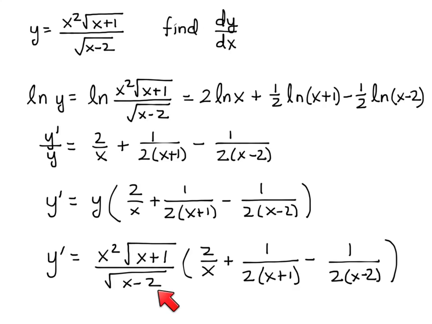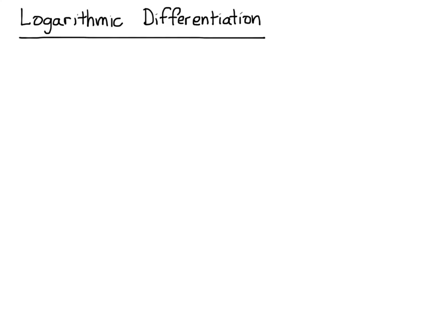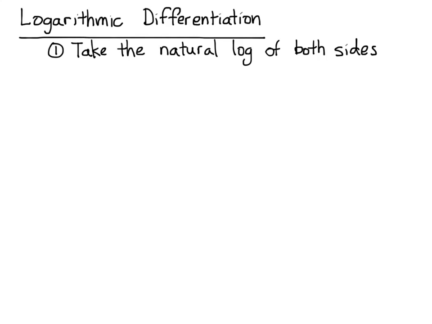It's the original function times these three terms. Okay, so I just wrote out the procedure so you can refer to it when you're doing your homework. The first thing you do is take the natural log of both sides.